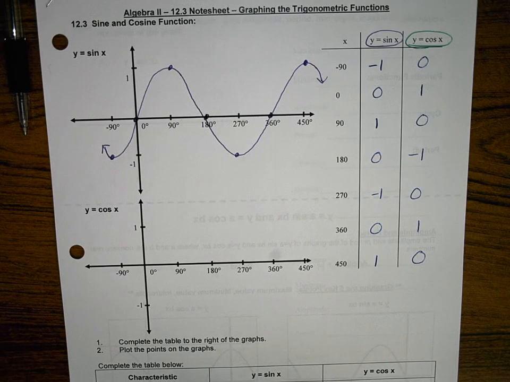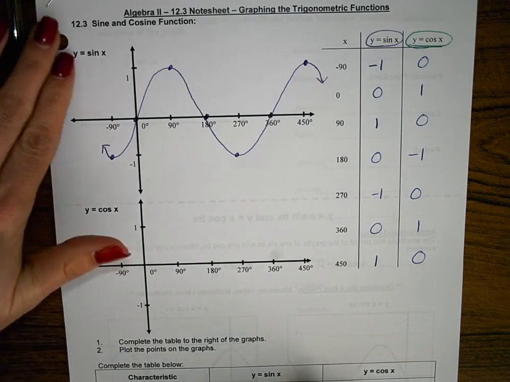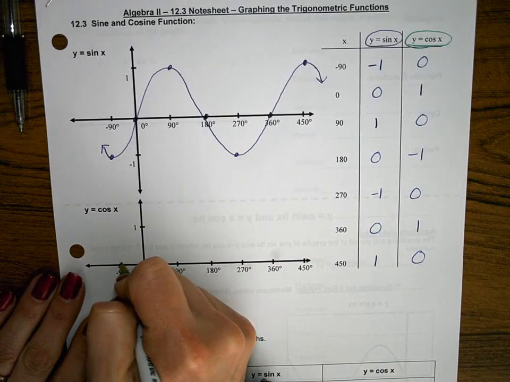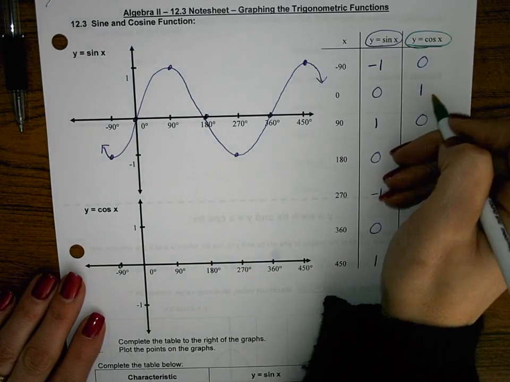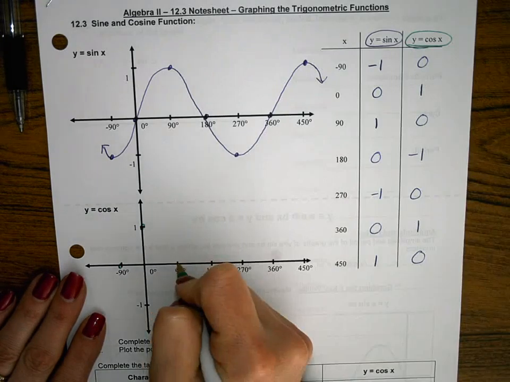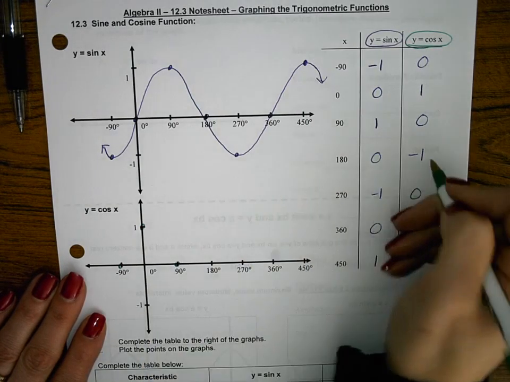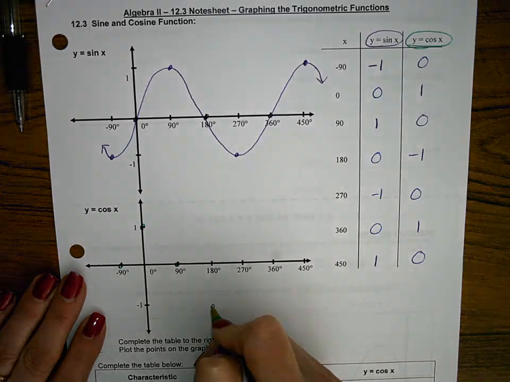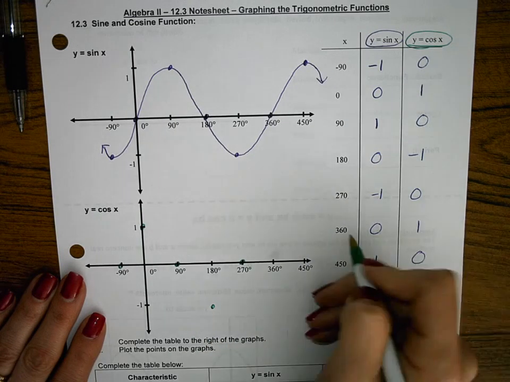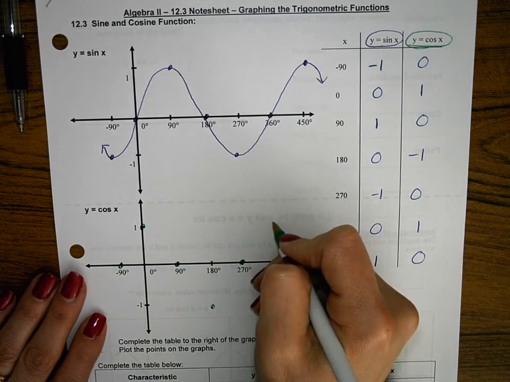Now, let's take a look at cosine. At negative 90 with cosine, I'm at 0. At 0 with cosine, I'm at 1. At 90 with cosine, I'm at 0. At 180 with cosine, I'm at negative 1. At 270 with cosine, I'm at 0. At 360 with cosine, I'm up at 1.